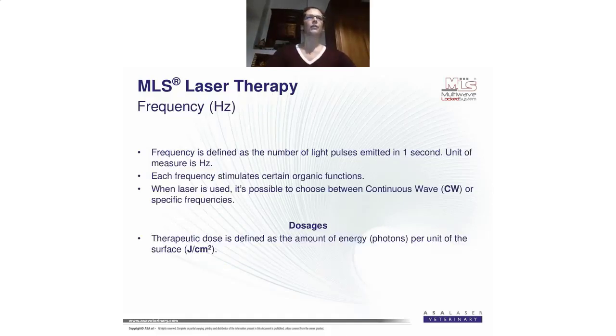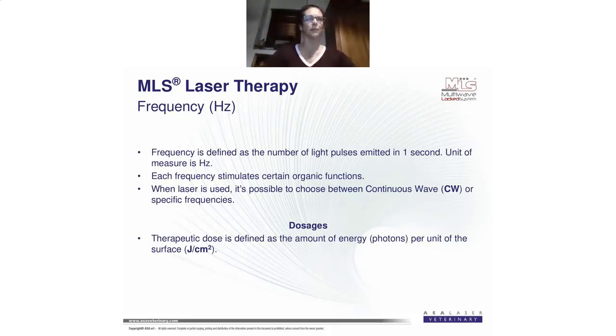We will talk about frequency. What is frequency? It is defined as the number of light pulses emitted in 1 second. The unit of measure is hertz, and each frequency stimulates certain organic functions.